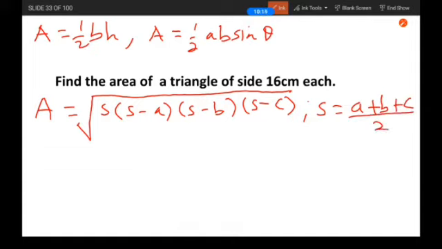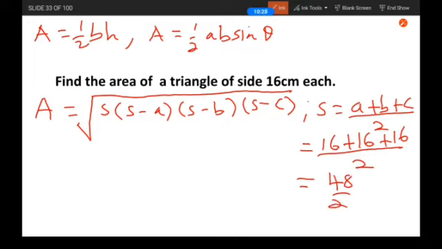Divide by 2. So that becomes what? 16 plus 16 plus 16 divided by 2. And that becomes 48 divided by 2. That becomes what? 24 centimeter. You have to always find the semi-perimeter. So our area will now be, let's put the values.